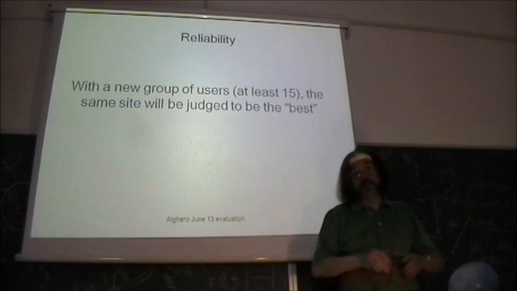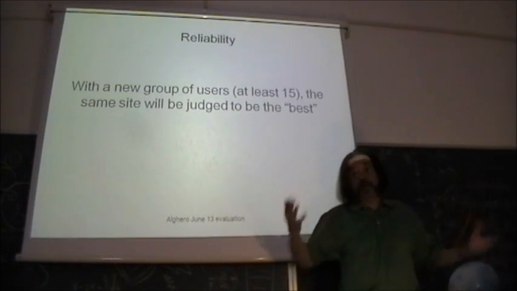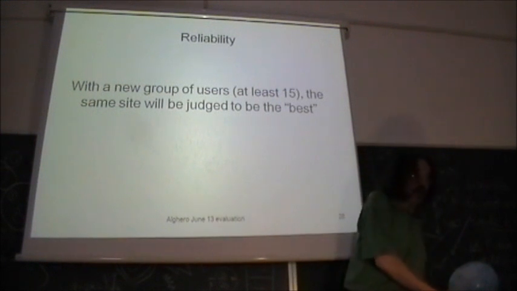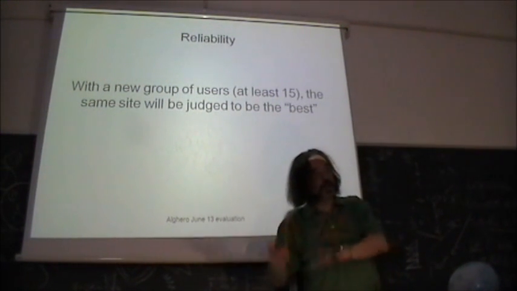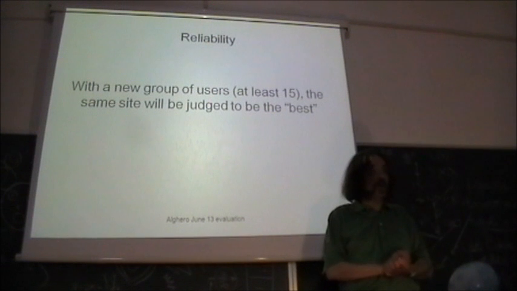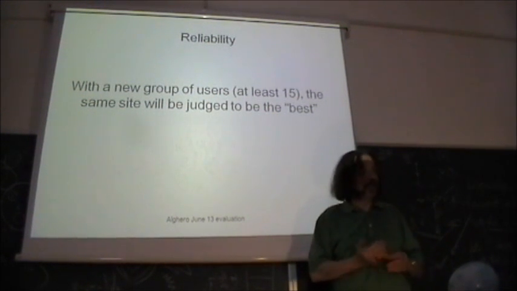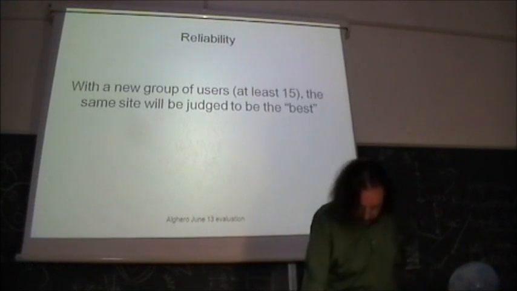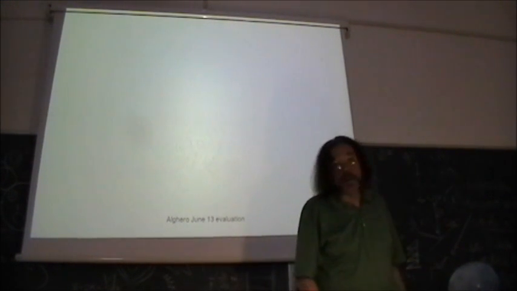Okay? So this is not complete because we don't have the luxury of having 15 users going to the old website and 15 users going to the new website and comparing. That's too much. We just have 3, 4 or 5 people. But we do as good as we can. Right? Okay. That's another break.